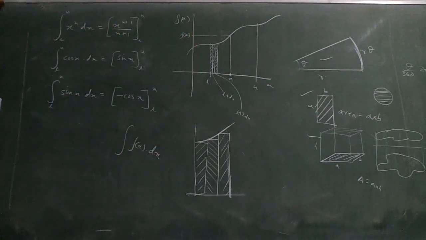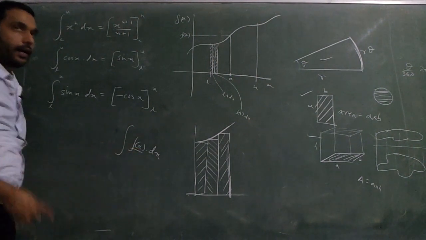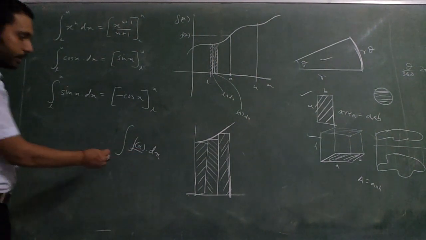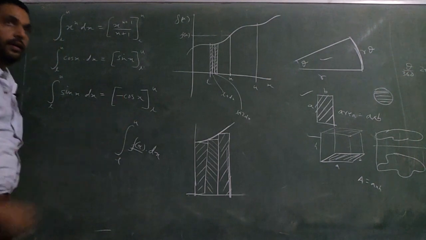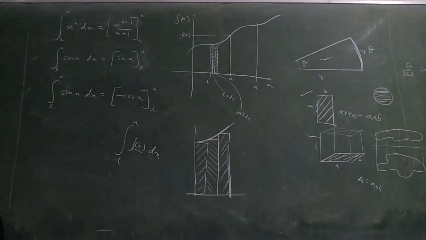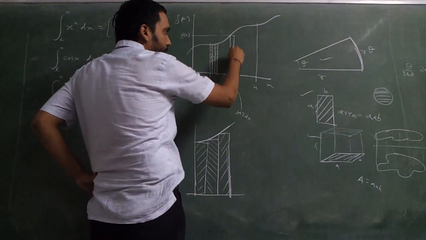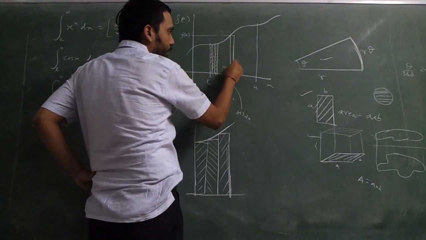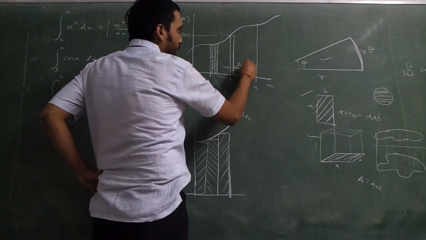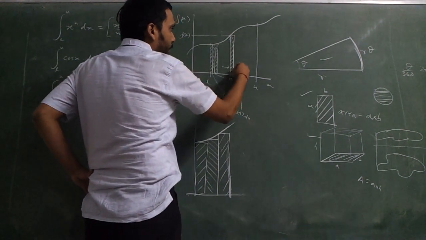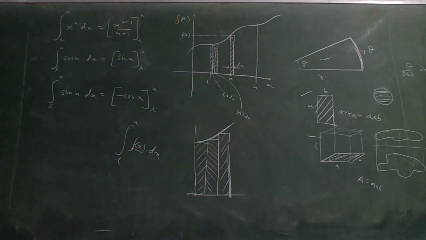So this is the height at any point x. This is not the starting point of the loop, this is not the end point of the loop. And that height is the rectangle height, and this width is your dx. f(x) into dx is the rectangle we are taking. Get the point?